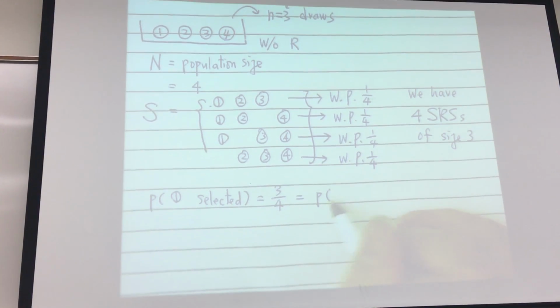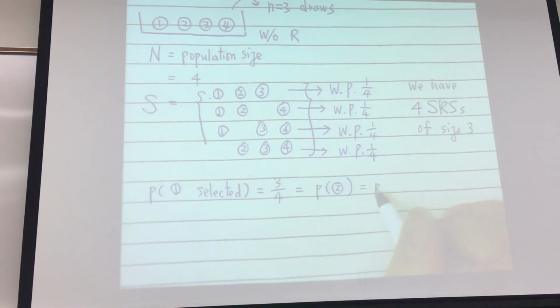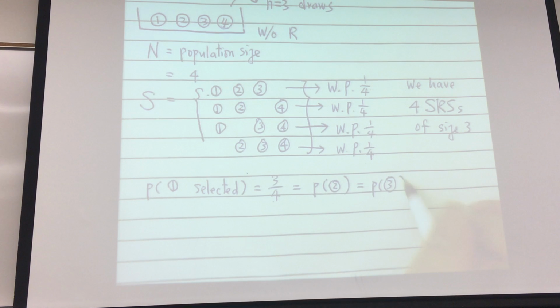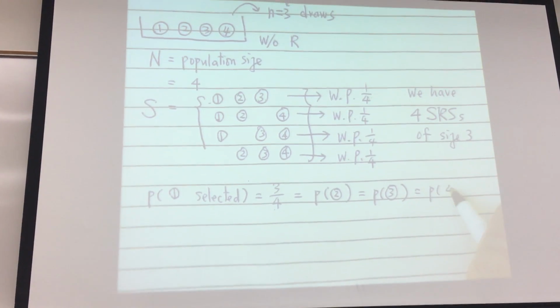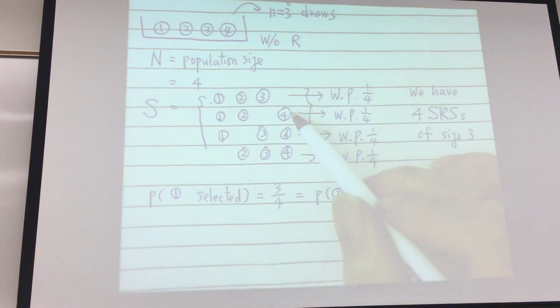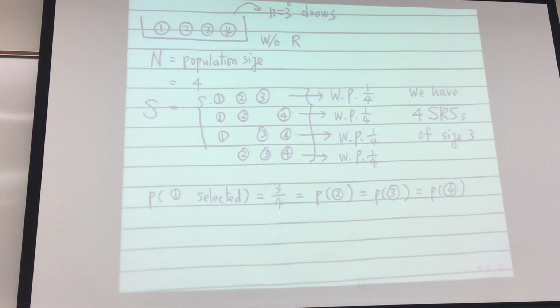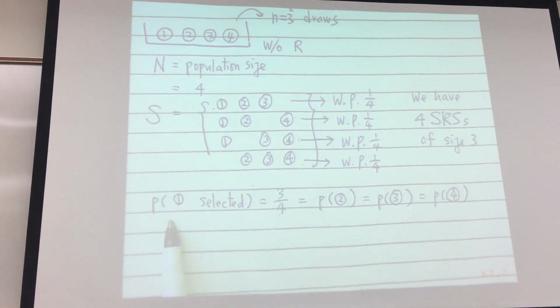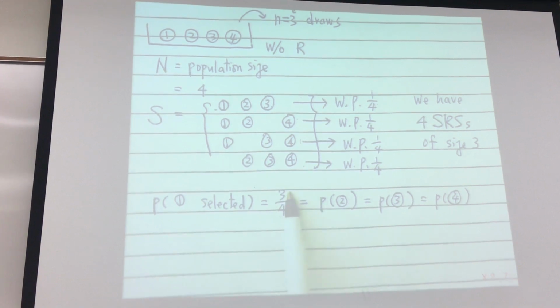How likely are you to select ball number 2? It's also 3/4. Select ball number 3: 1, 2, 3, 3 out of 4. Ball number 4 is also what? Is also 1, 2, 3, 4. Am I correct? 3 out of 4. So the chance each individual will be included in the sample is 3/4.